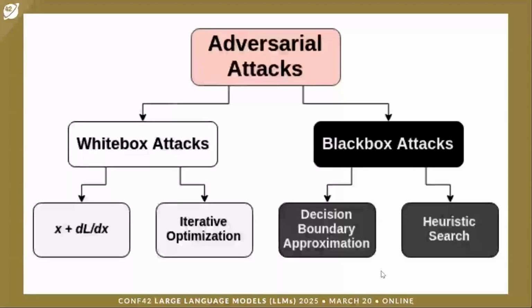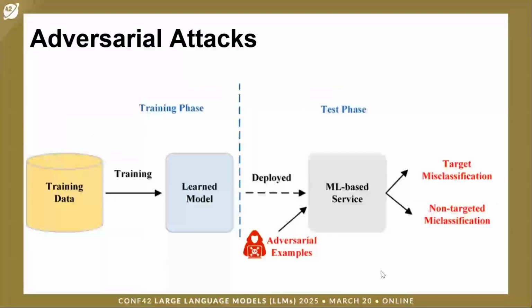In black box attacks, the attacker doesn't have direct access to the model's internal workings. Instead, the attacker relies on observing the model's output in response to different inputs and using this information to craft adversarial samples.